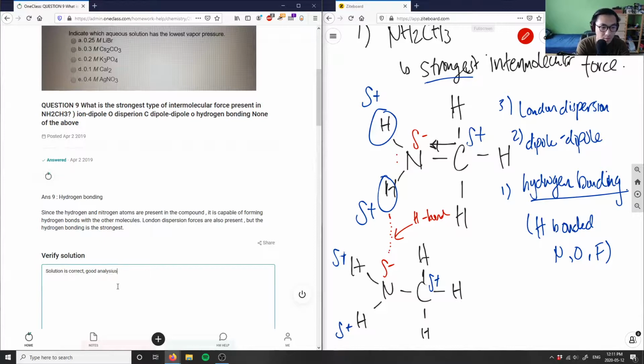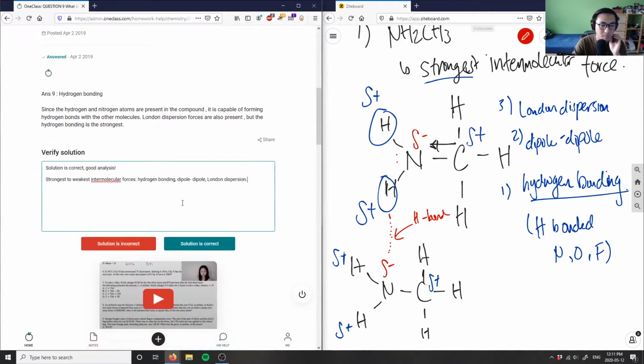Good analysis here. Strongest to weakest, I'm just going to expand on their answer: for intermolecular forces, we have hydrogen bonding first, then dipole-dipole, and finally London dispersion. So the solution here is correct.